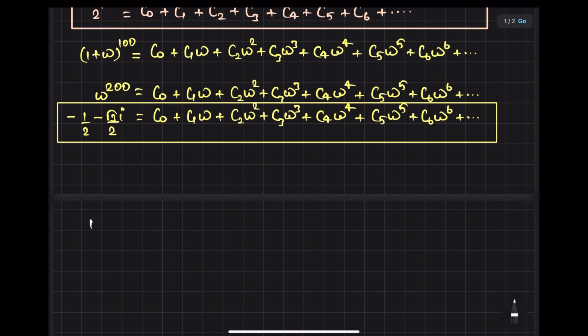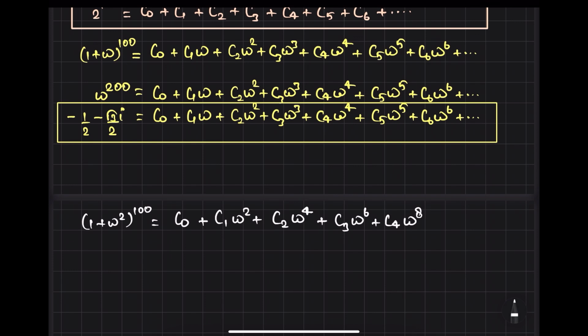So it will become 1 plus omega square power 100, and then we will have C0 plus C1 omega square plus C2 omega power 4 plus C3 omega power 6, C4 omega power 8, C5 omega power 10, dot dot dot.